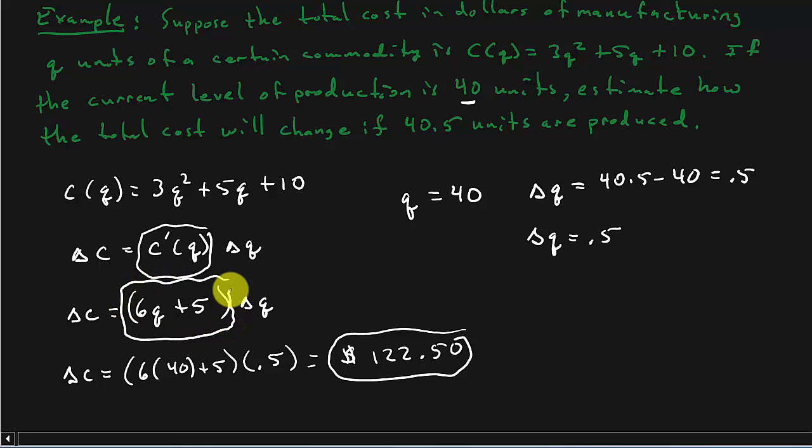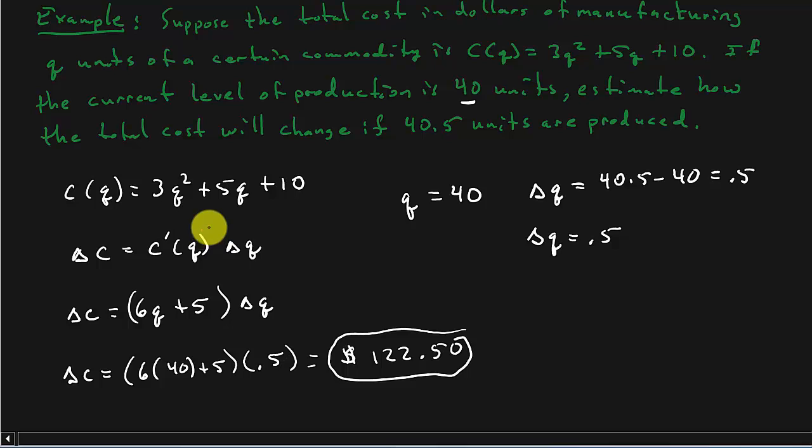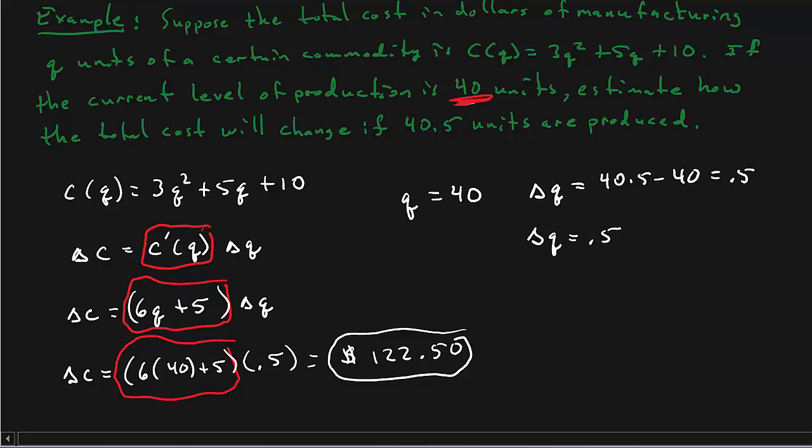I wanted to do that in a different color. So we're taking the derivative of the function, and we're evaluating it at this value here. But the only difference is we're multiplying by our increase.